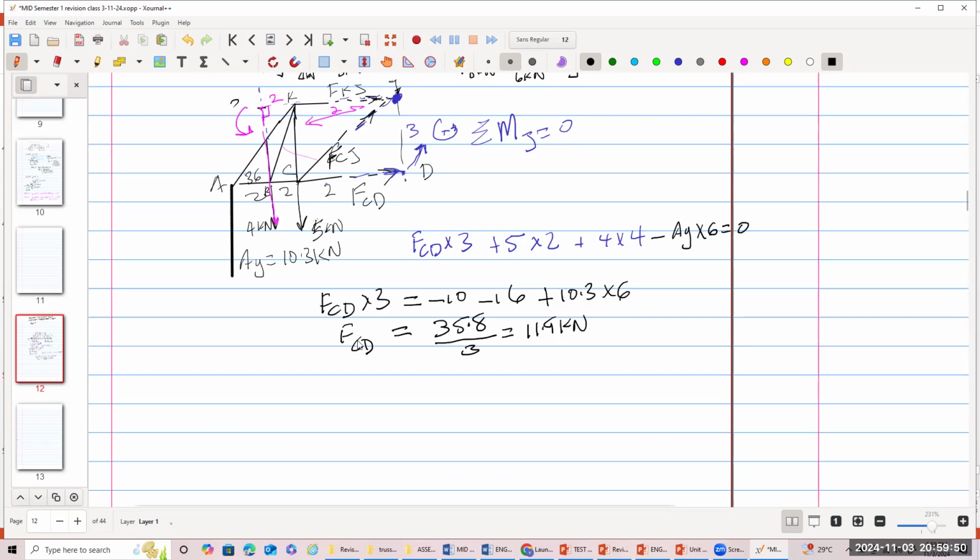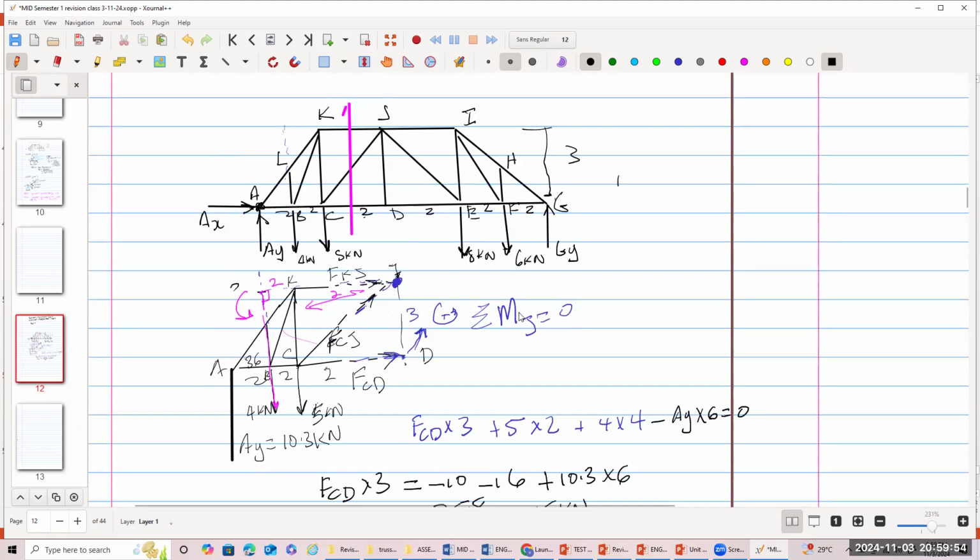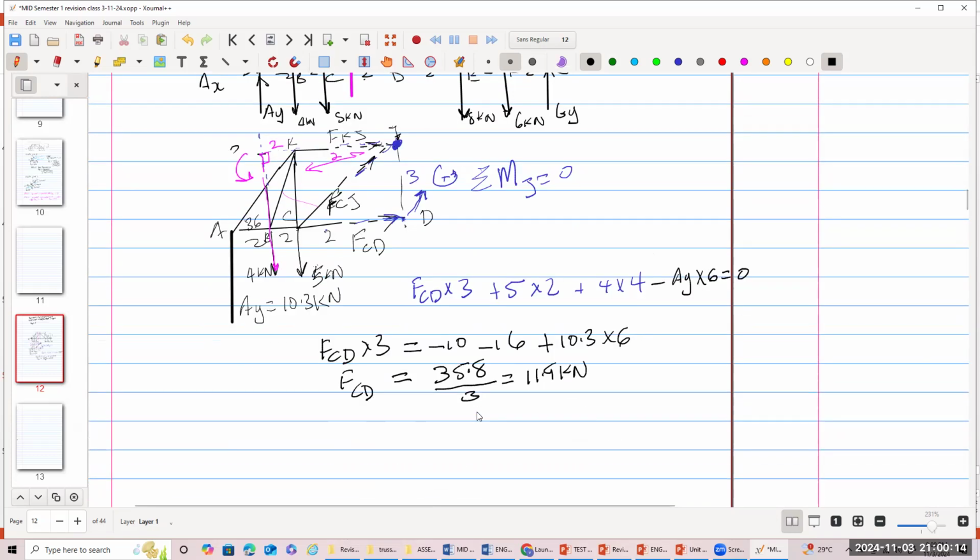Once the signs are okay, then the answer should be correct. Any questions? I didn't look at the answer before. Once these are correct, we are saying that it is in tension.